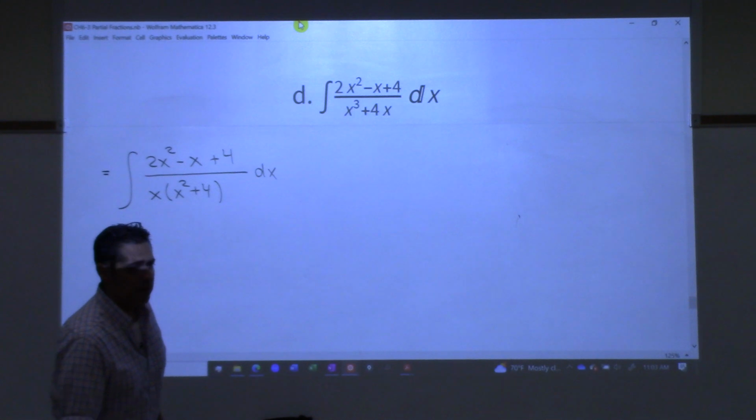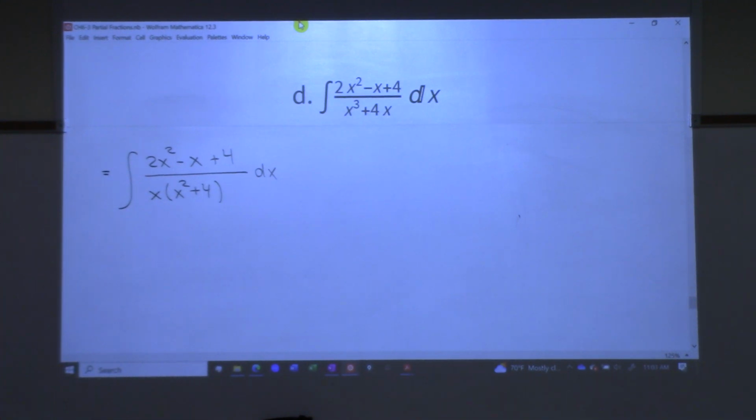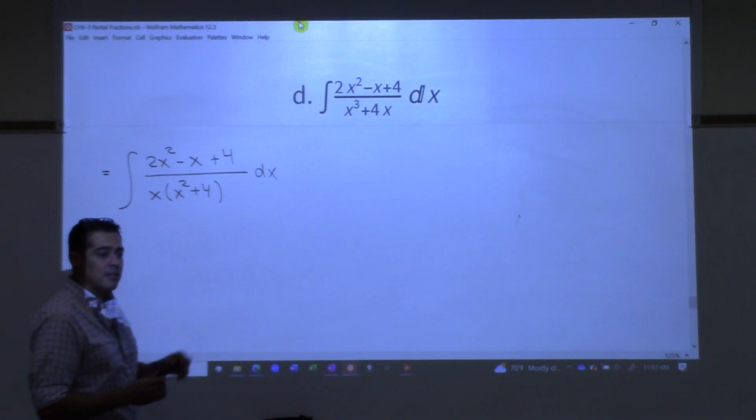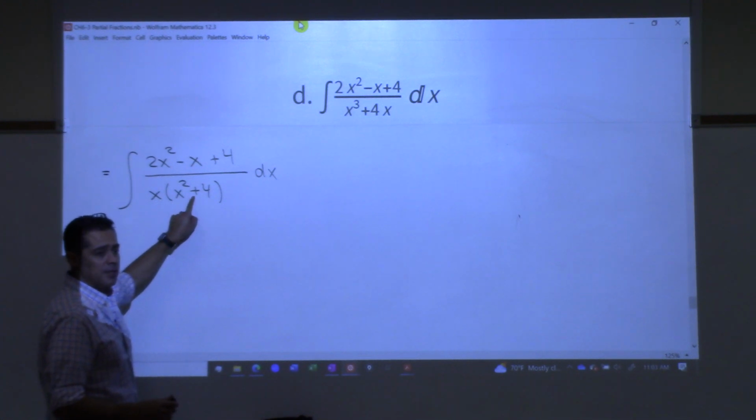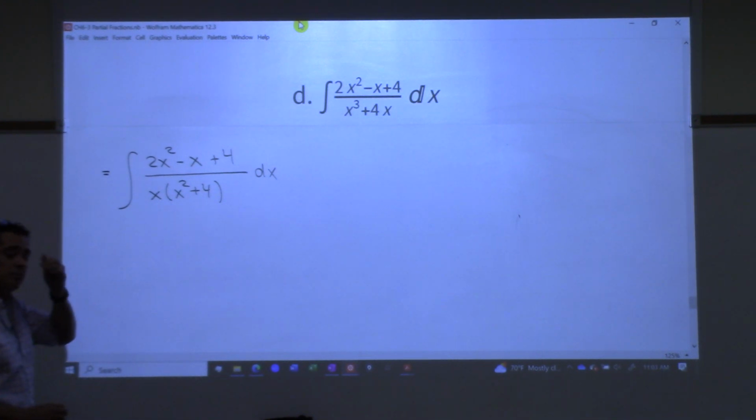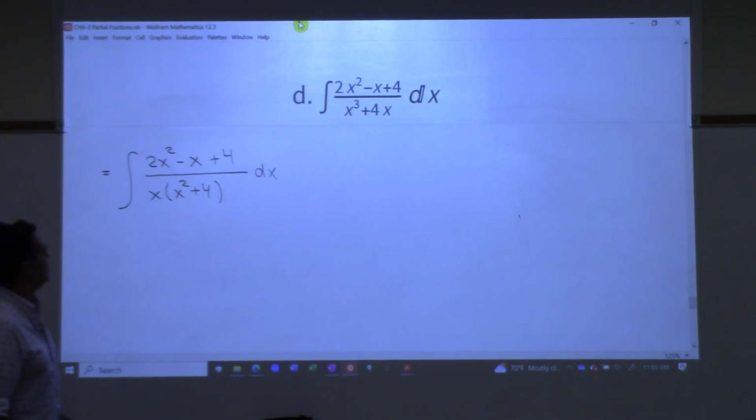Only for the difference. There's one for cubes, sum of cubes, but not for sum of squares. I understand that x squared plus 4 is two squares, but there is no formula for factoring that. A sum you can't factor. If it's minus, you can. Trust me, it doesn't factor.